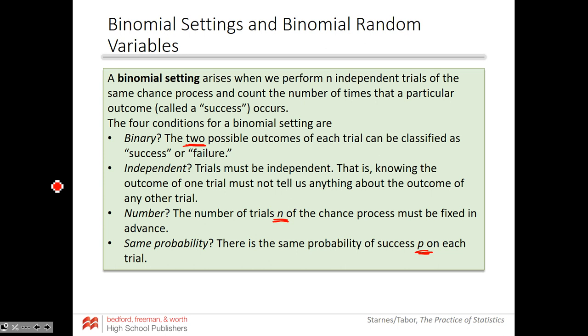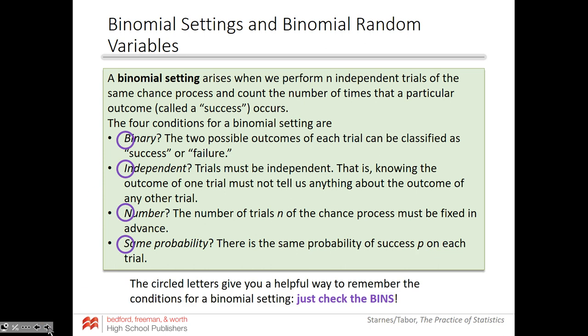For each question on the multiple choice quiz, there were 4 answer choices. If I gave a multiple choice quiz where numbers 1, 2, and 3 had 3 answer choices, only A, B, and C, but then the rest of them had 4 answer choices, A, B, C, D, then I wouldn't have the same probability of success. So then that wouldn't be binomial.